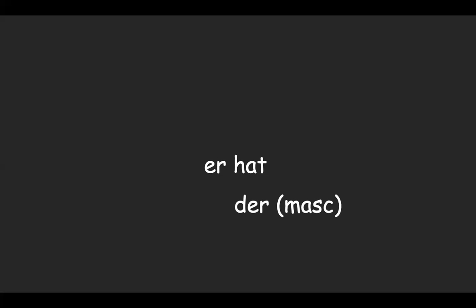Hat. Yeah, good. And she has, or it has if it's a feminine word, a die word. Sie hat. Good. And it has if it's a das word. Obviously, it can also be er or sie, as I've just explained. But if it's a das word, then it becomes es, hat.